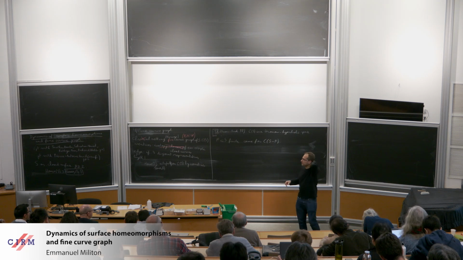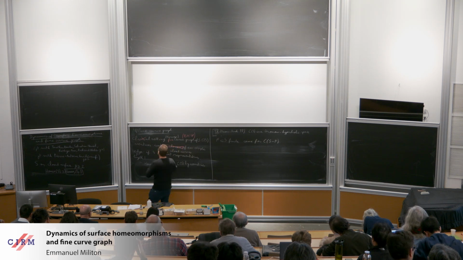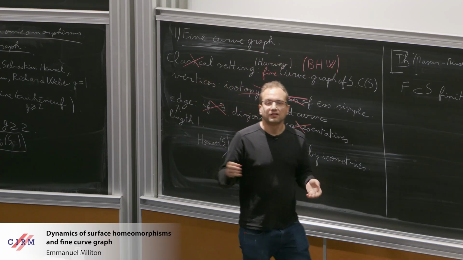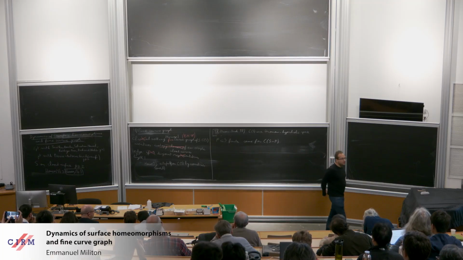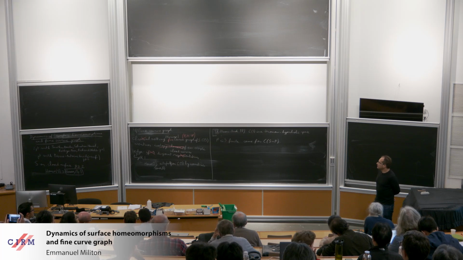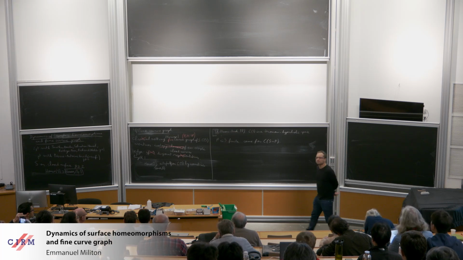And you put an edge between two vertices if they are just disjoint. So of course it gives you a very big graph, because the valence of each vertex is uncountable.